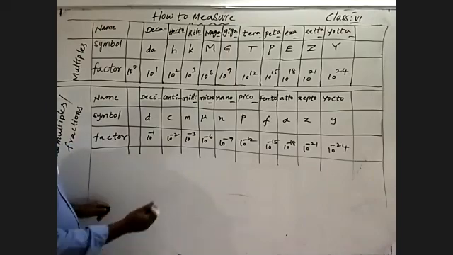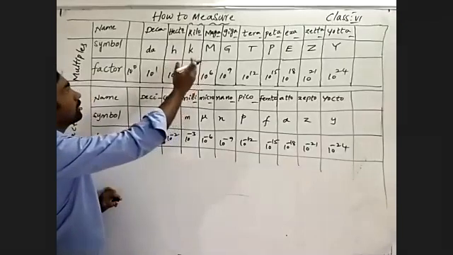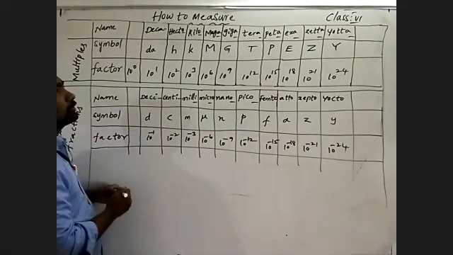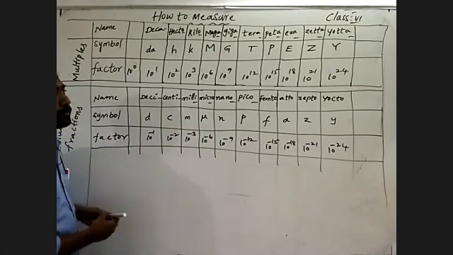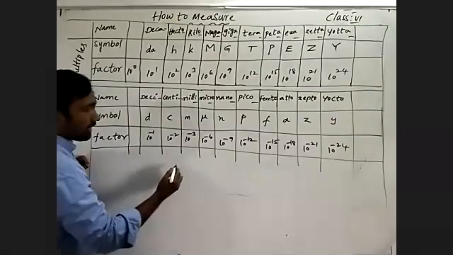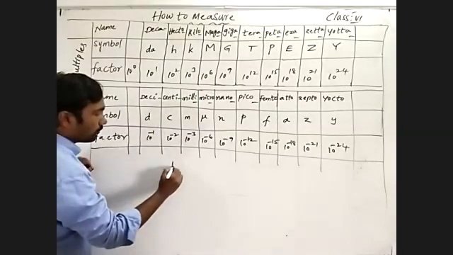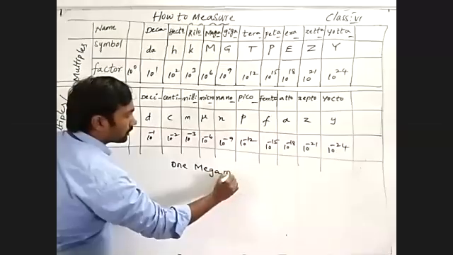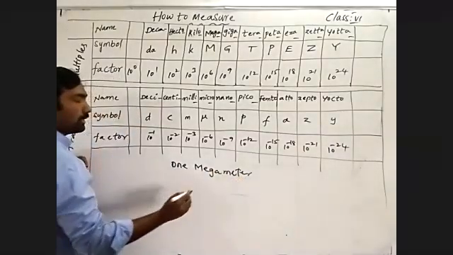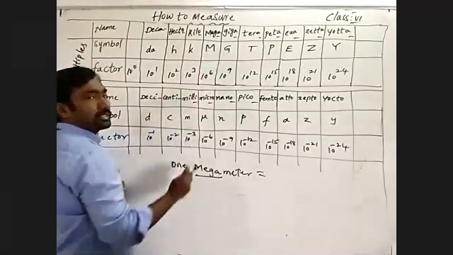However, we can convert from one multiple, that is, one unit, to another unit. We can convert from one physical quantity unit to another to measure easily. Suppose they ask what 1 megameter is. 1 megameter is equal to, mega means how many? 10 to the power of 6.